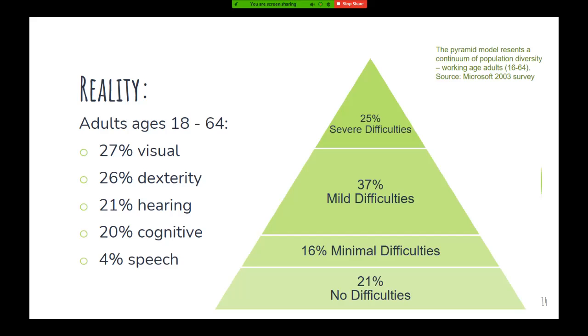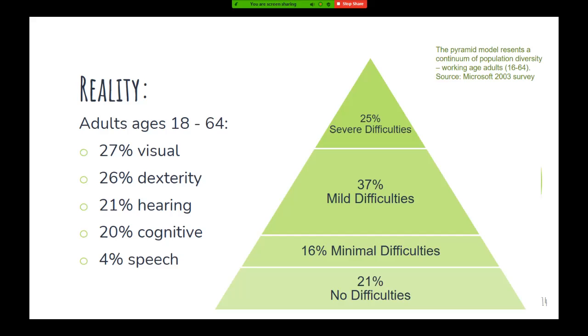And when you look at that idea of the average, quote unquote, student coming into the classroom, people are normally thinking about this bottom part of this pyramid where 21% have no difficulties, but the bulk of individuals fit into the middle, mild to moderate difficulties range.